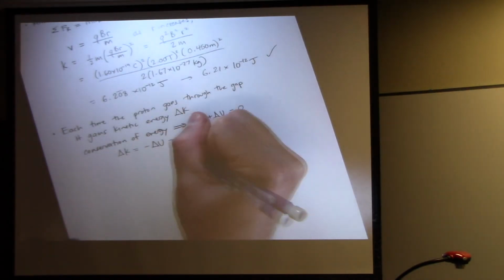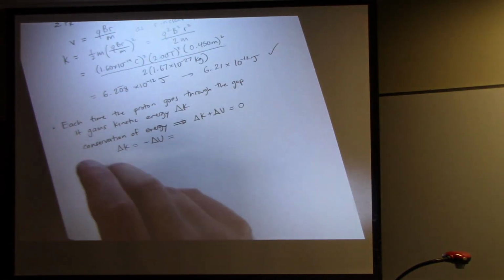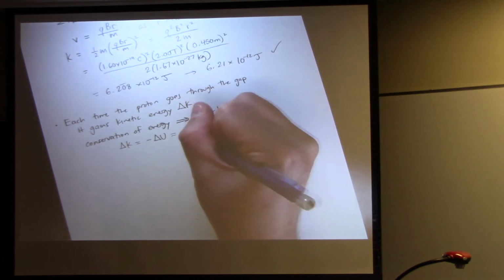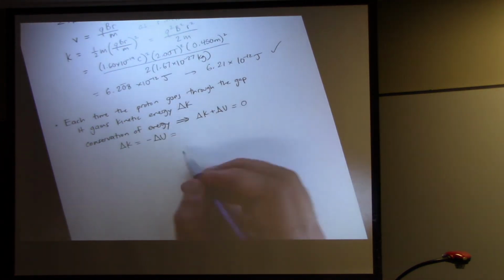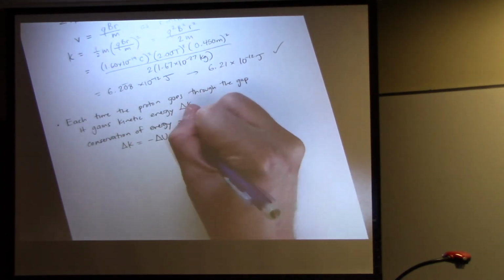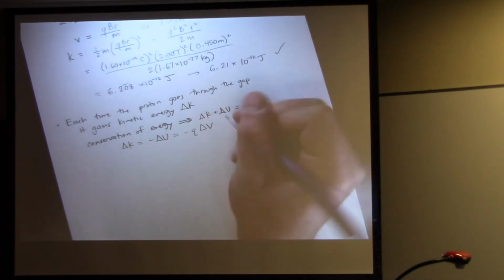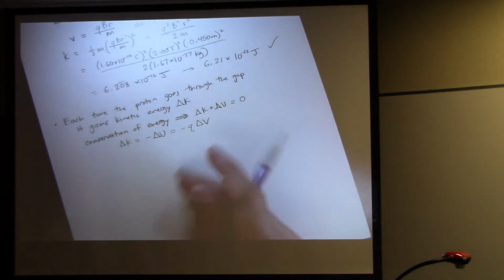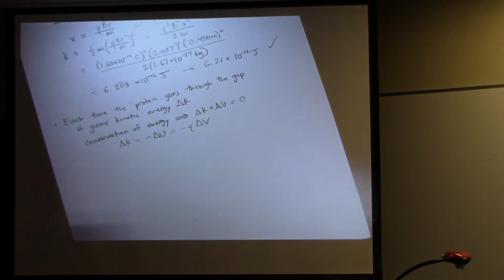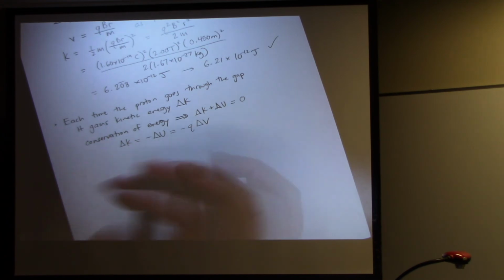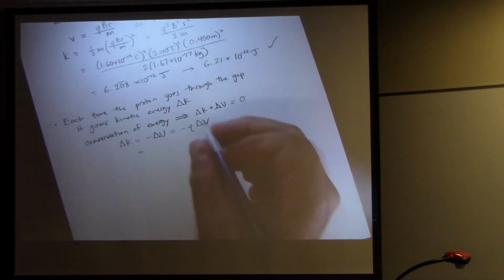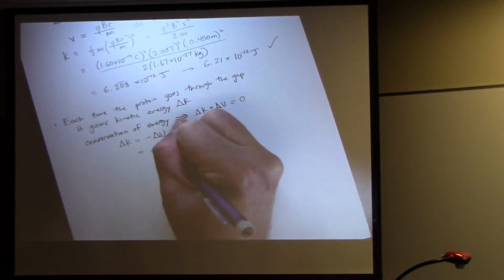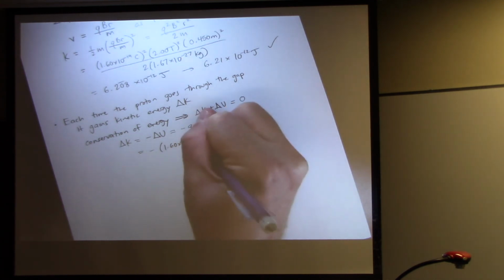And then remember from chapter 23, that delta U, the change in potential energy for a charge moving through a potential difference, is Q times delta V. Okay, so let's put a number to that. What we're going to have is the charge, 1.6 times 10 to the minus 19 coulombs.